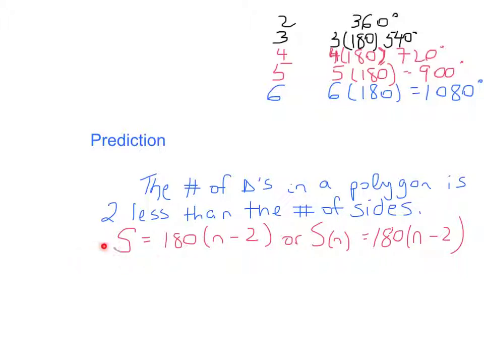Now let's use our prediction here, our equation, to verify the sum of the interior angles of a dodecagon, which has 12 sides. So there's a dodecagon, and it has 1, 2, 3, 4, 5, 6, 7, 8, 9, 10, 11, 12 sides. Now, how many triangles can we draw within a dodecagon? Let's try and figure it out. I'm going to use a different color for this, say green.